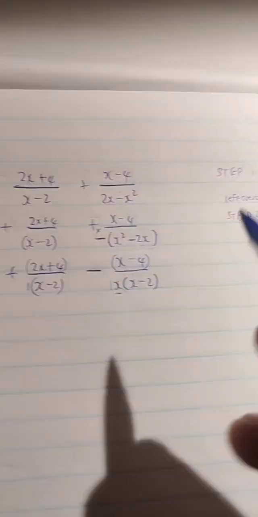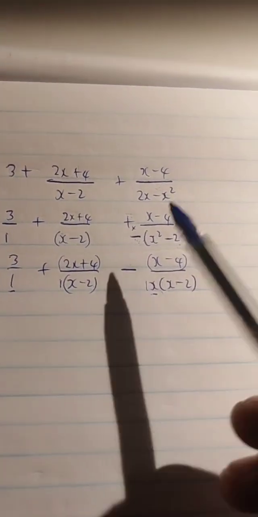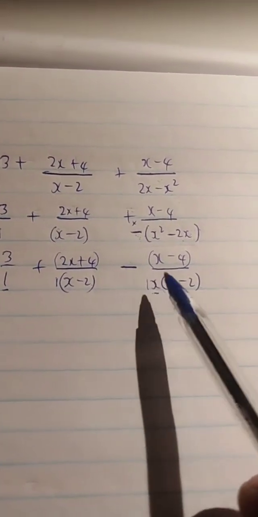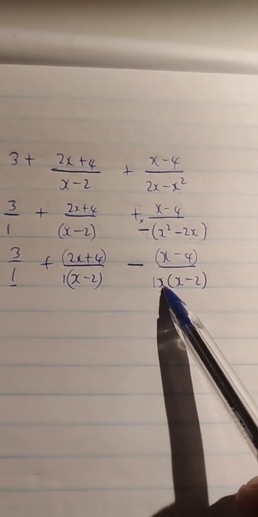And with the LCD, we do look at leftovers. I regard this X as a leftover. It is the lowest common denominator that possesses the highest exponent. So what I'm going to do is I'm going to multiply the 1, which is the number, with X, the letter.